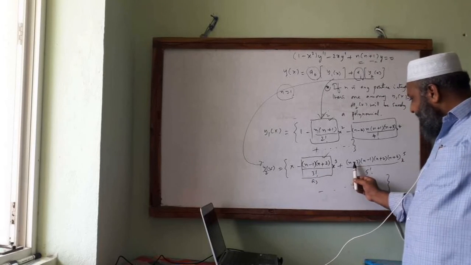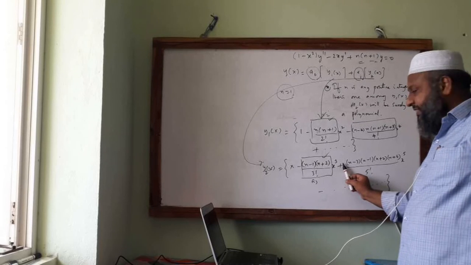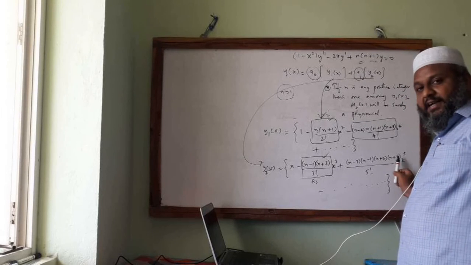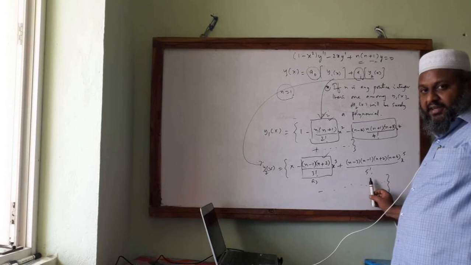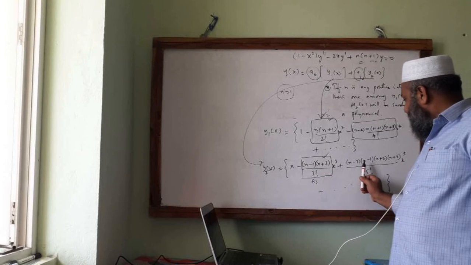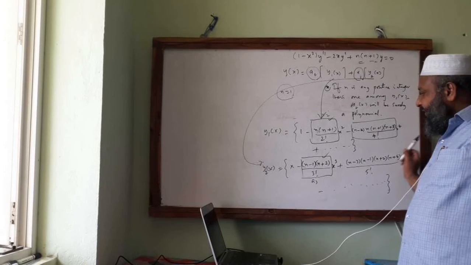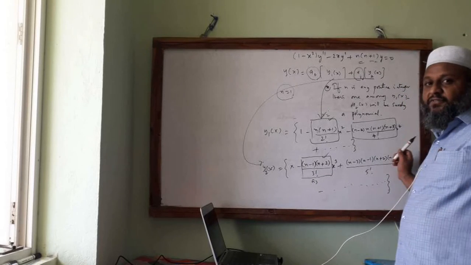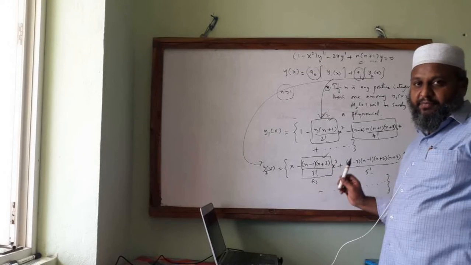Actually in a7, n minus 5 will appear, 2 units this side, and 2 units that side, n plus 6 will appear with the 7 factorial. I hope you got the point. Now the point is that when n minus 1 is appearing in every term, then all the terms from here onwards will vanish, that is, they are going to become 0.